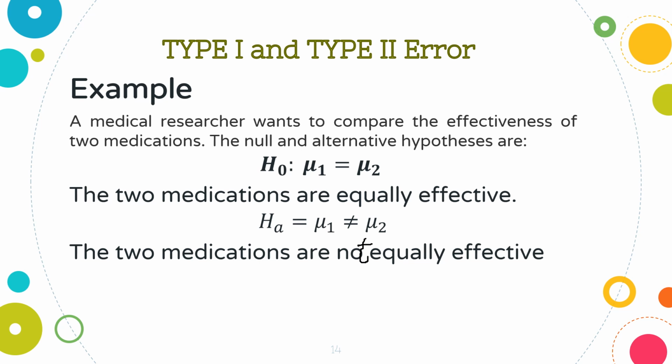Dito parang this situation, medyo mahirap na mag-commit tayo doon sa type 2 error, wherein ang type 2 error is accepting the null hypothesis when it is false. So, na-accept natin that the two medications are equally effective when it is not. Okay. So, that is the type 1 and type 2 error.